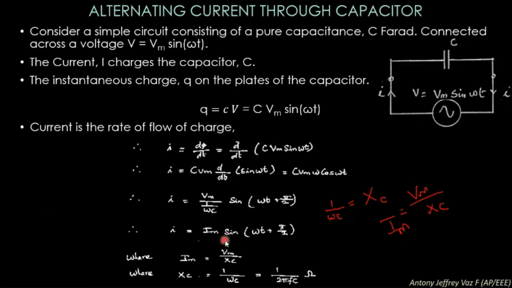So Im sin omega t plus 90 degree. And here the terms are given: Im is equal to Vm by Xc, where Xc is equal to 1 by omega c. So you can further extend this formula. Omega is equal to 2 pi f, so Xc is 1 by 2 pi f c. Okay.